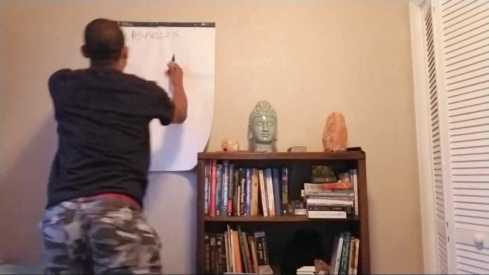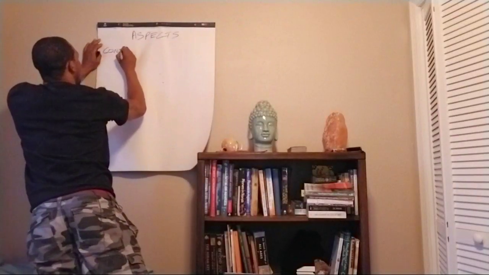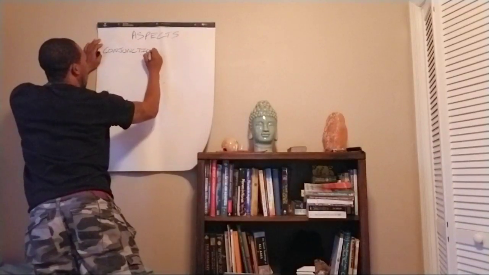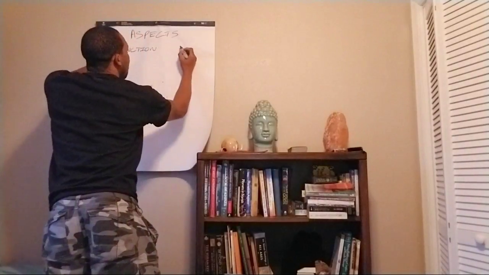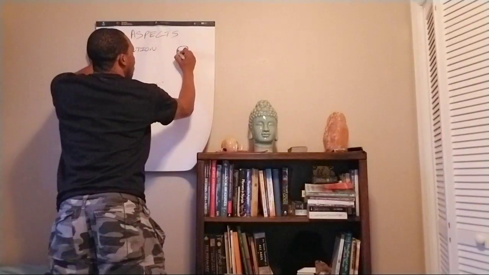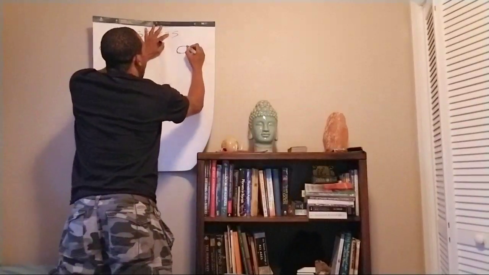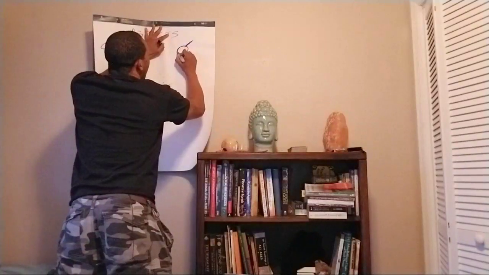You have the conjunction, and that is drawn like this, like that, with a line like that. That is the conjunction.